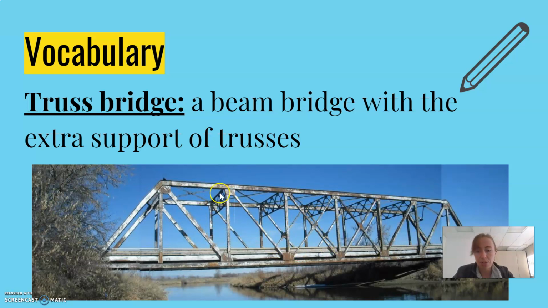You can see there's some more trusses here and then also on the top. These are pretty easy to recognize just by looking for these triangular shapes. And these are more expensive to make than a beam bridge, but can span a longer distance and are generally stronger than a beam bridge because of the trusses that are added.